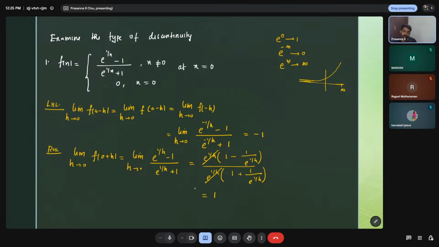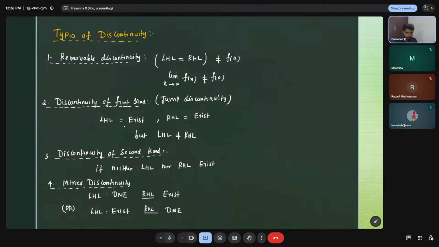Yes or no? So when h is tending to 0, 1 by h tends to infinity, e power infinity is infinity, and 1 by infinity will tend to 0. So here you see that, and function value at 0 is 0. So what discontinuity is it?